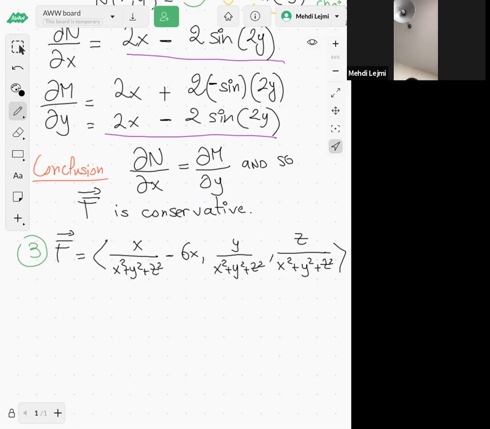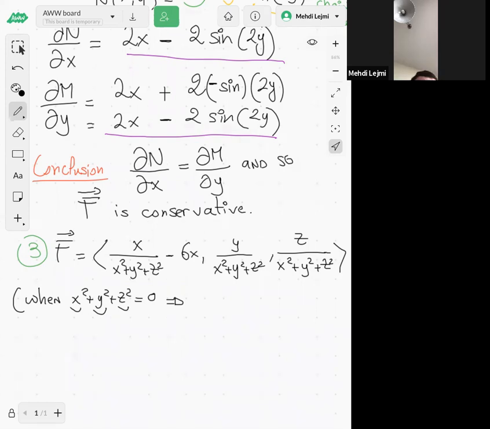Well, there's only one trouble here, that of course we are not allowed to divide by 0. And here in the denominator we have x squared plus y squared plus z squared. So the question is, when is x squared plus y squared plus z squared equal to 0, right? Well, x squared is supposed to be positive or 0, plus another positive or 0, plus another positive or 0. So the sum is equal to 0.